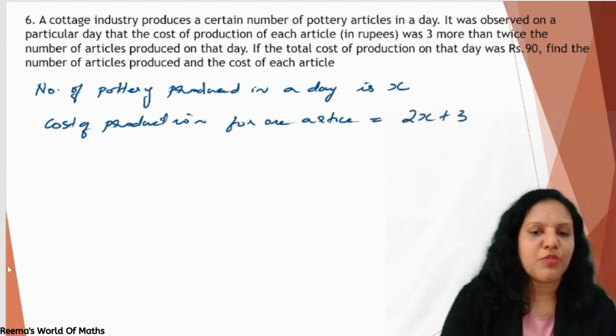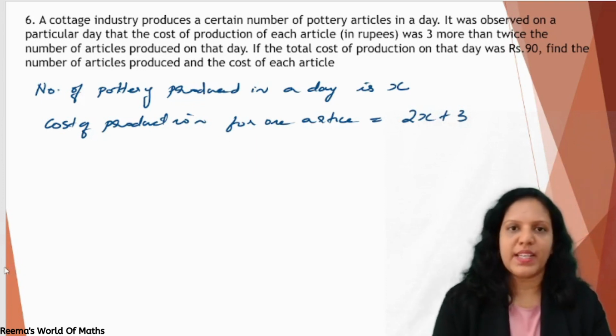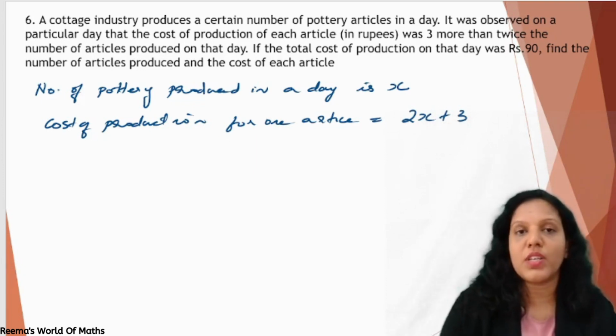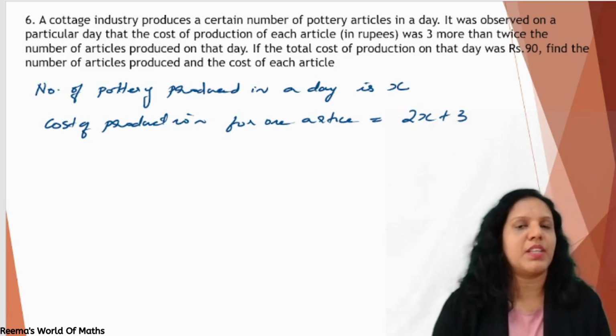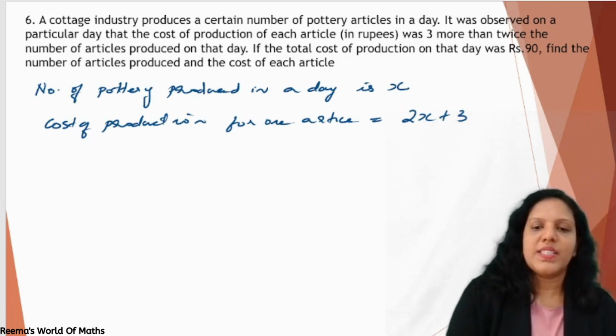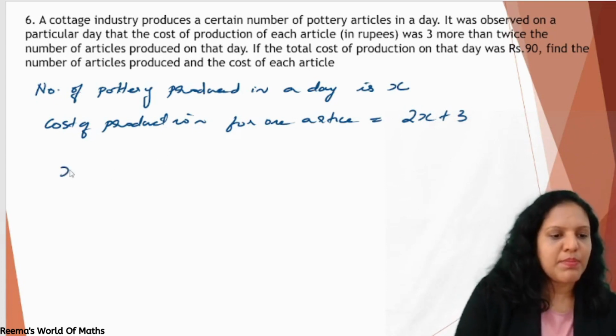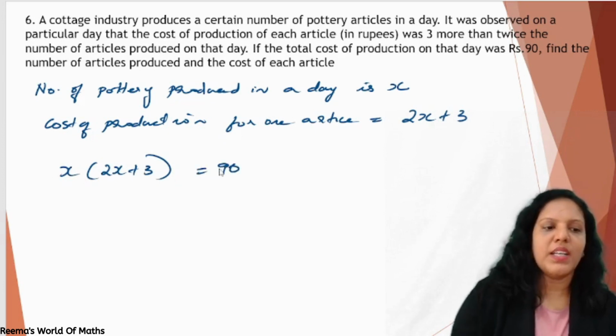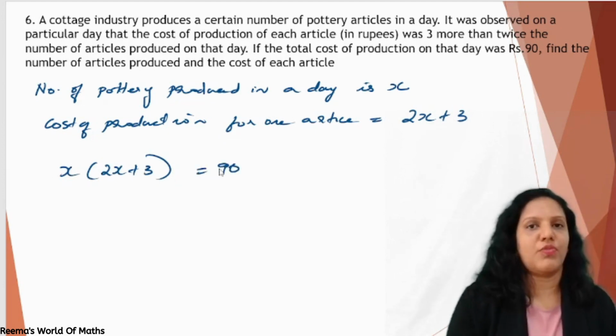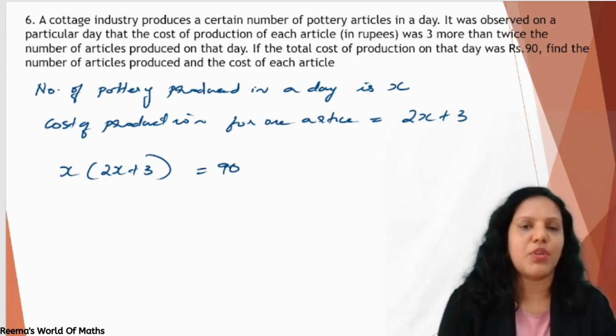And if the total cost of production on that day was rupees 90, the total cost of production is the number of pottery articles multiplied by the cost per article, which is equal to 90. So that will be x multiplied by 2x plus 3, correct, equal to 90. We need to find the cost and the number of articles.